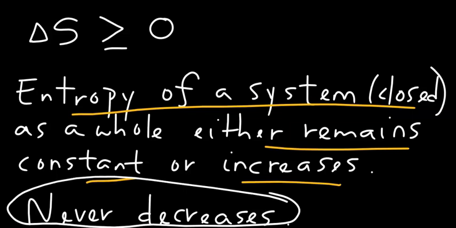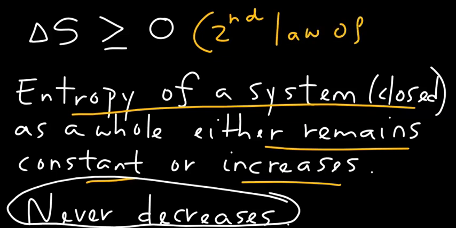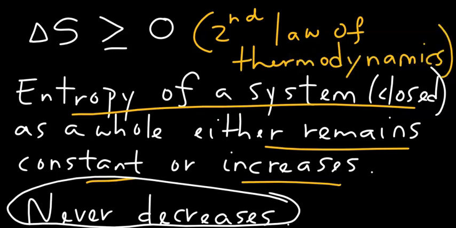This fact is one form of the second law of thermodynamics. Now we note here that the greater than sign applies to irreversible processes and the equal sign to reversible processes.